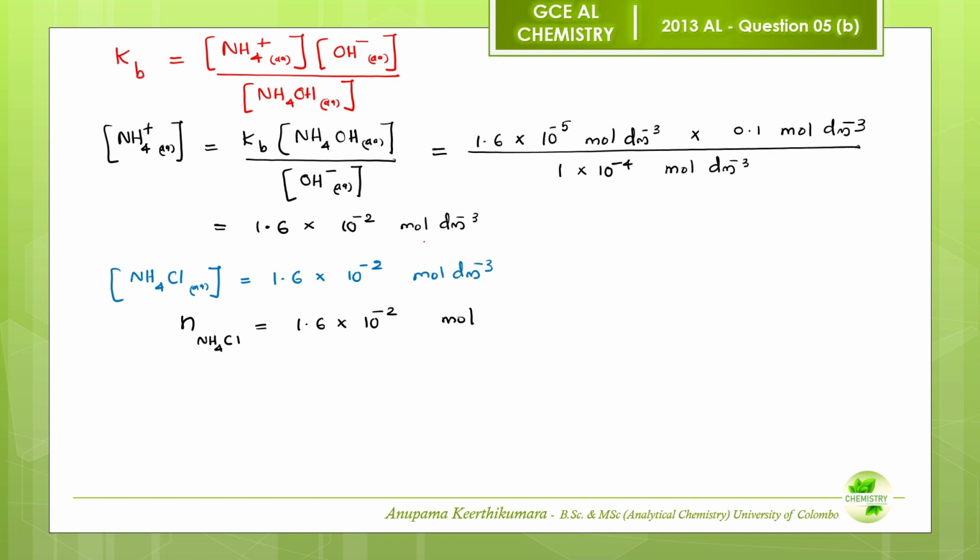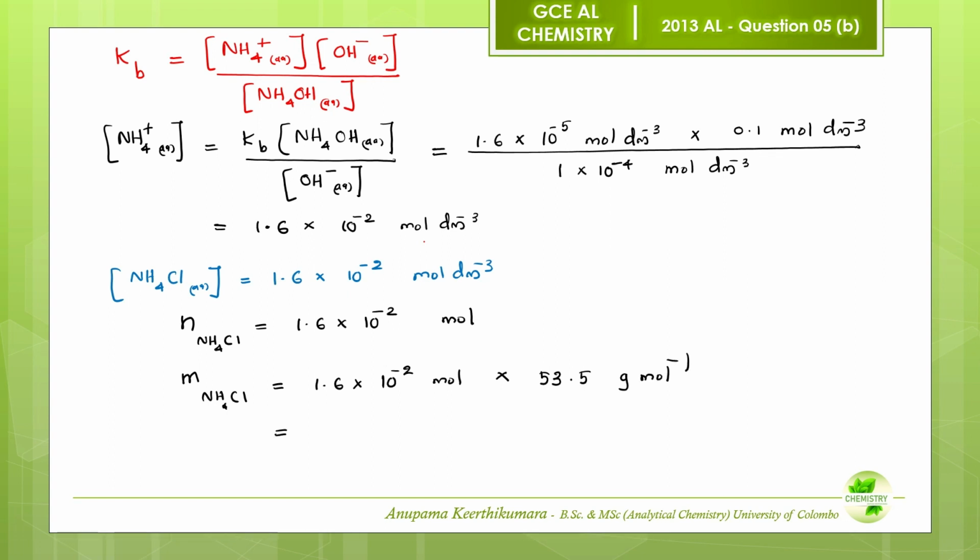We can calculate the mass. Mass of ammonium chloride is number of moles times molecular mass. Number of moles, 1.6 times 10 to the negative 2 moles, multiplied by the molecular mass of ammonium chloride, 53.5 grams per mole.